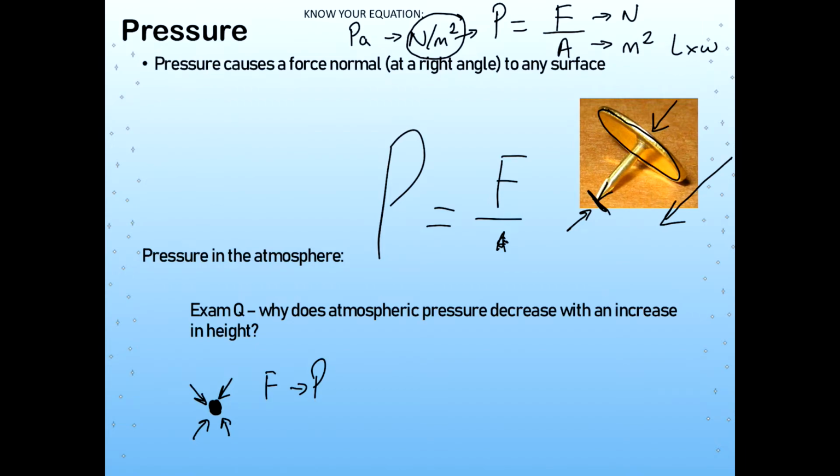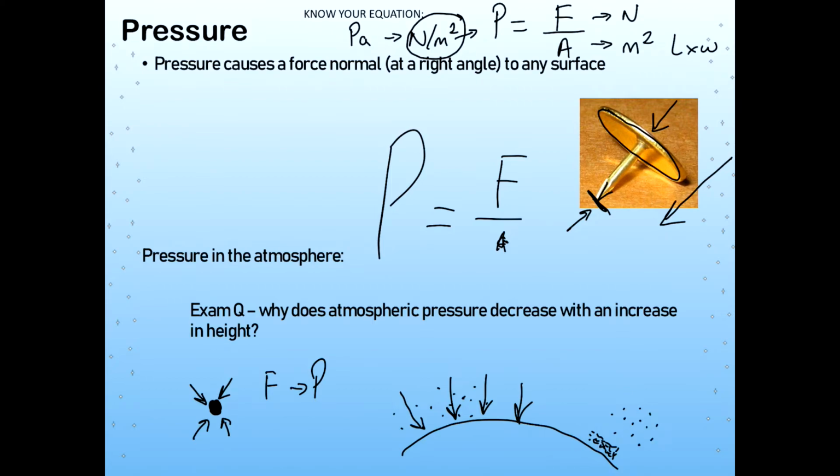Now what is important to consider with the atmosphere is that all the gases and particles in the atmosphere are experiencing a force of gravity, so they're all experiencing weight. They're all getting pulled down towards the surface of the Earth, or towards the centre of the Earth, and as a result you end up with a much denser atmosphere at the bottom than at the top, where air is more spread out.